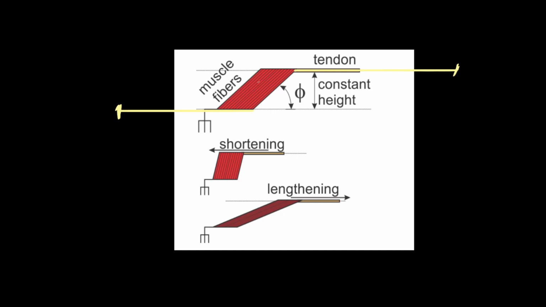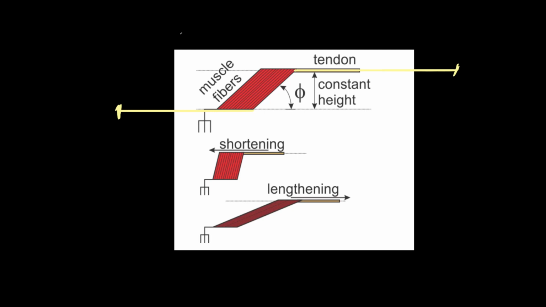It's labeled phi here. And then when the muscle contracts, you could think about it as like this part just sliding this way. And when the muscle lengthens, you could think about it as it stretching out like this.